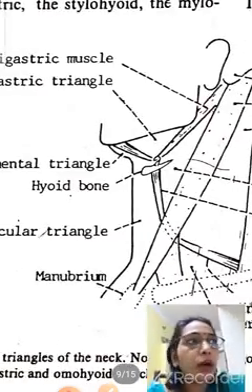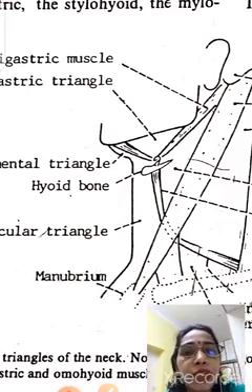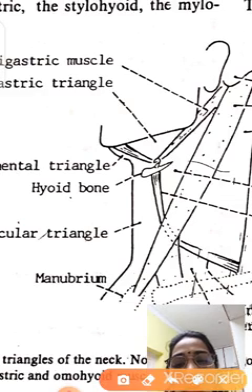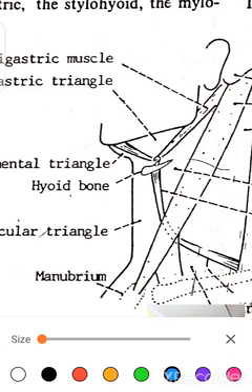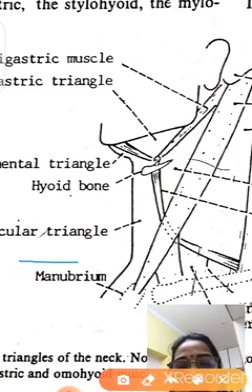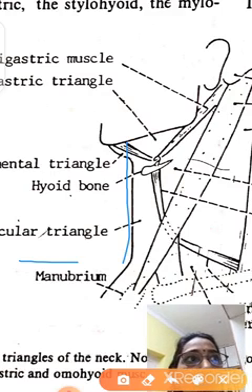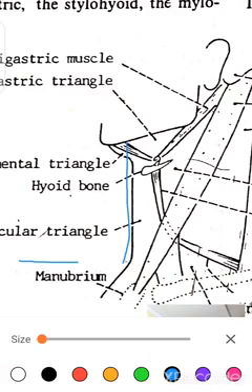the anterior triangle of the neck is bounded anteriorly by the median plane. This is the median plane. Posteriorly by the anterior border of the sternocleidomastoid, as we have already done, and superiorly by the base of the mandible.